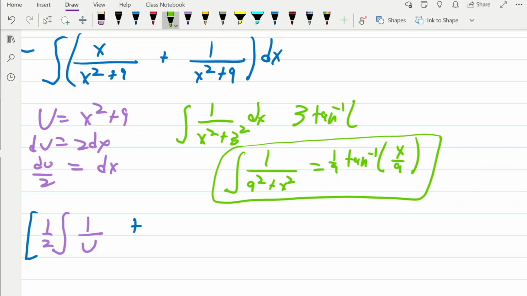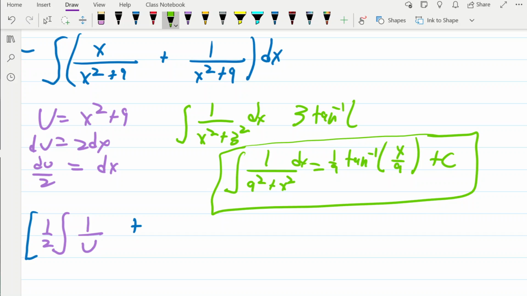Yeah, this is the correct formula, and then it's plus c. All right, so I guess I should trust myself a little more with that, because that saves a good amount of time.